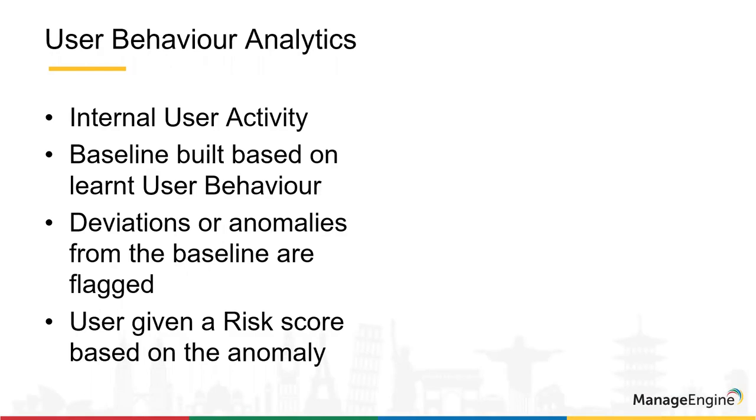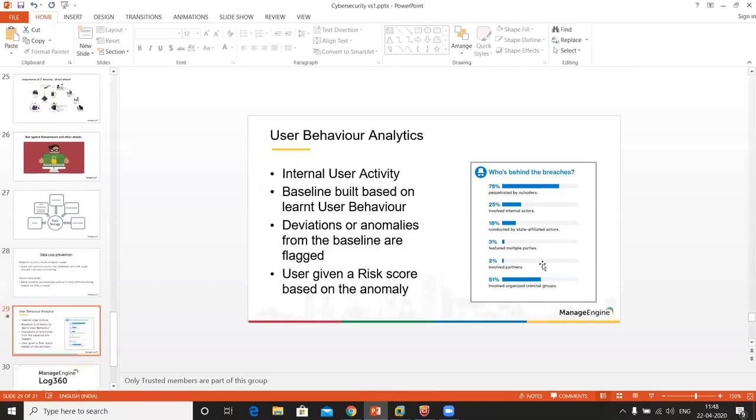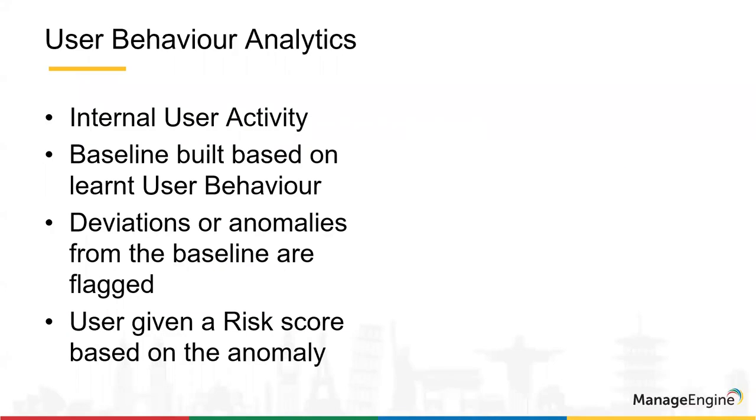So this is where we have introduced user behavior analytics, where you could go ahead and install AD Audit Plus, and this tool will automatically start identifying patterns, reading users through machine learning algorithms, and it will associate a user with specific activity. And once anything mismatches, it will raise a flag.